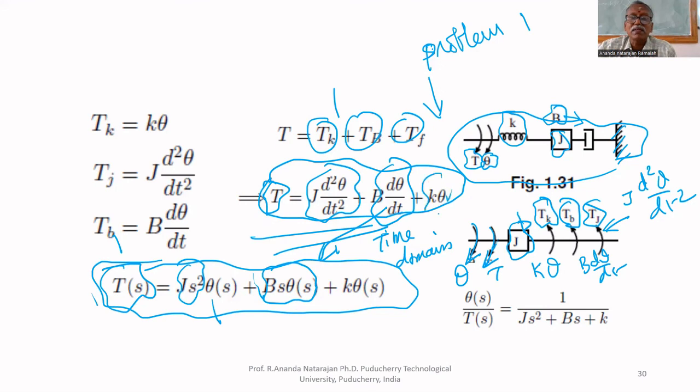K theta becomes K theta of S. Theta is the output; displacement is the output.